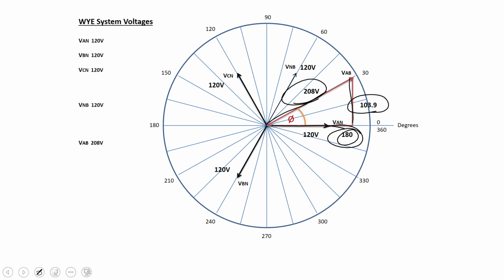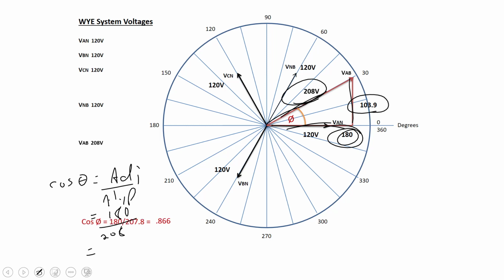If I have the adjacent side and the hypotenuse, I can use the cosine ratio: cosine theta equals adjacent over hypotenuse. So I take 180 divided by 208, then second function cos, and I get 30 degrees. So this angle is going to be 30 degrees.